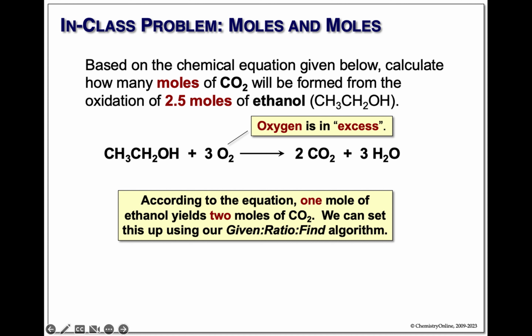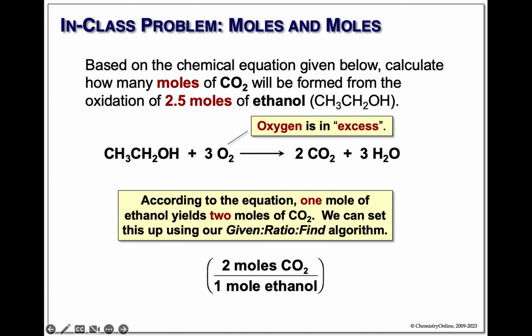That's a ratio. Now, ethanol is going to be our given here, isn't it? So we want ethanol in our denominator. That ratio will do us: 2 CO2s for every ethanol.